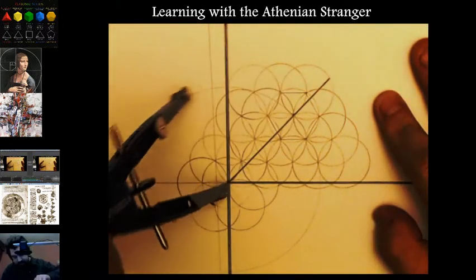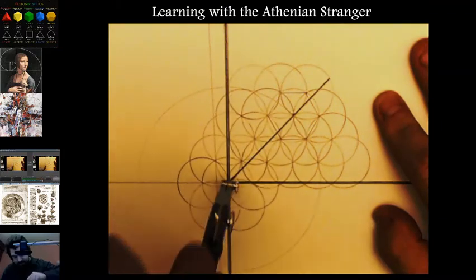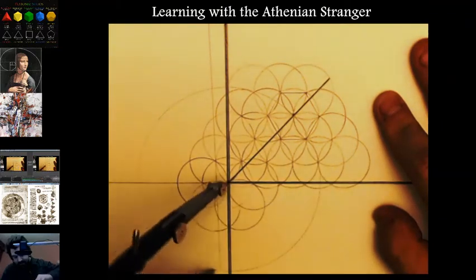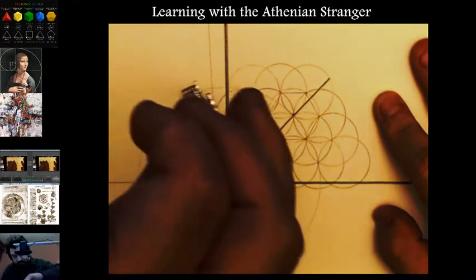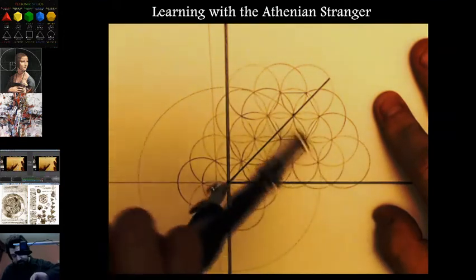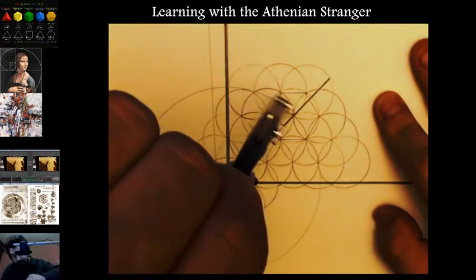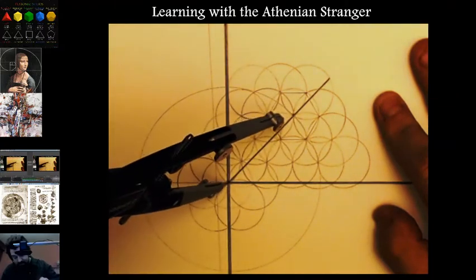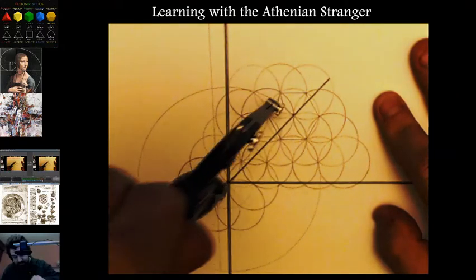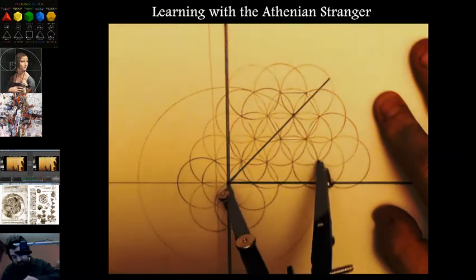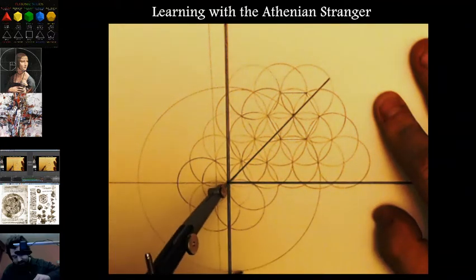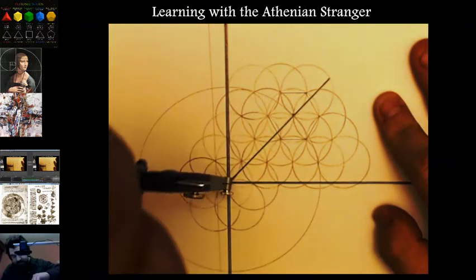In another video, I'll show how we can add phi and the golden rectangles to this image, but for now we'll just limit ourselves to the basic trig functions. We're not here to calculate them today, we're here to draw them.